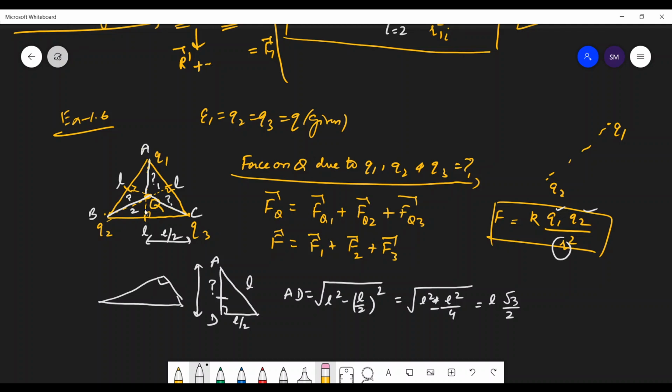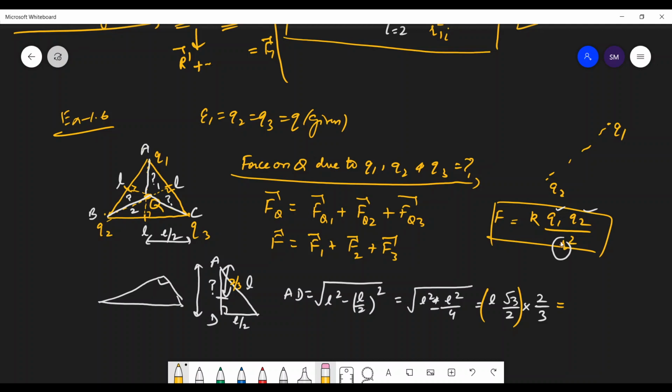But I am interested in only this much. The centroid divides the median in 2:1, so this is 2 and this is 1. I want 2 parts out of 3. So this is 2/3 of the whole.